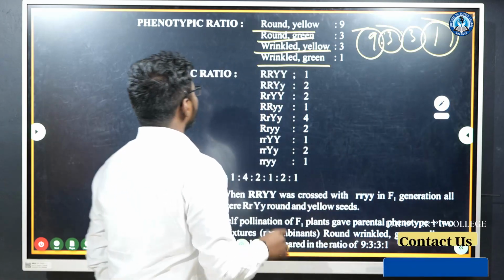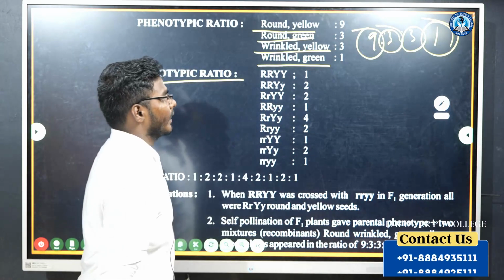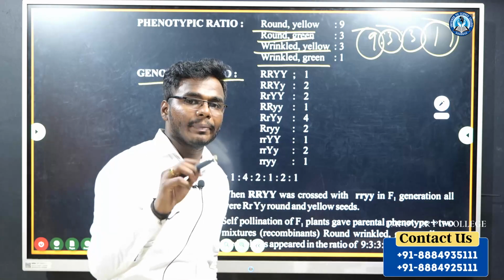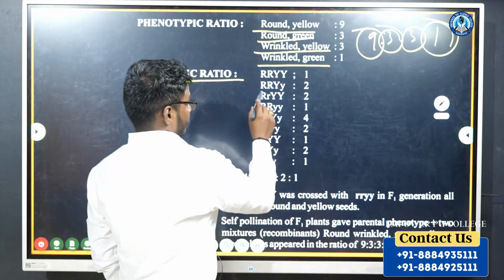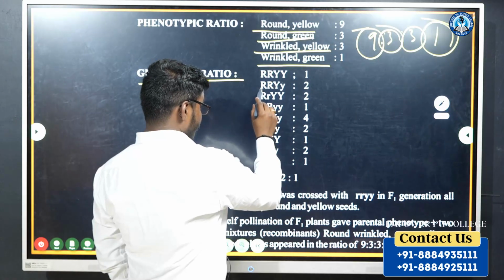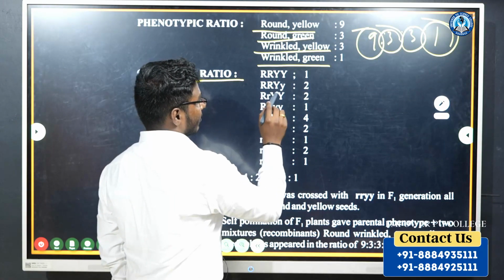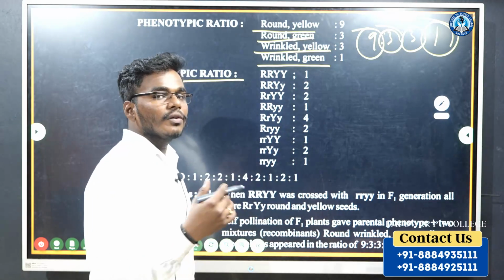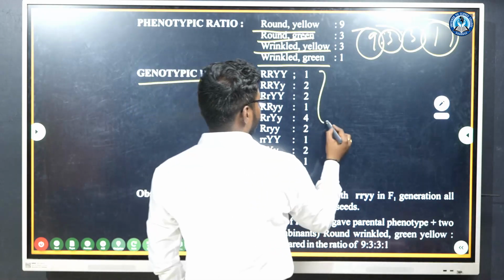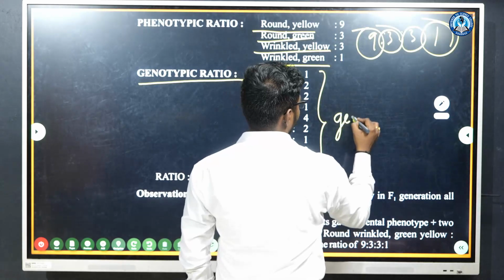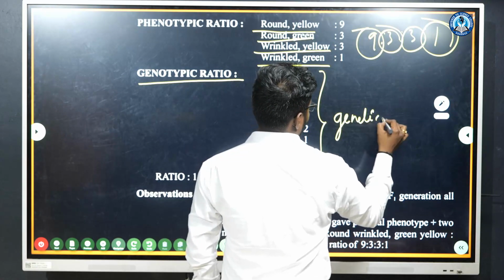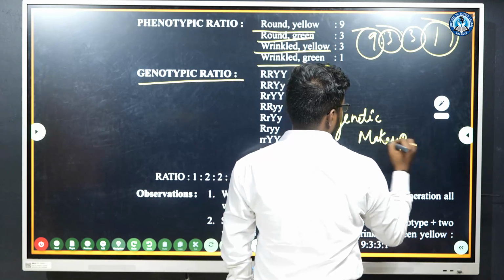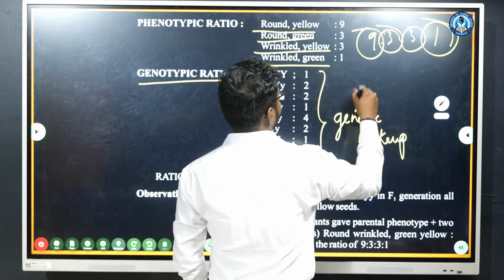Now the genotypic ratio: how many are capital R capital R capital Y capital Y, capital R capital R capital Y, and the same way it continues. These are the genetic makeup of the above plants.